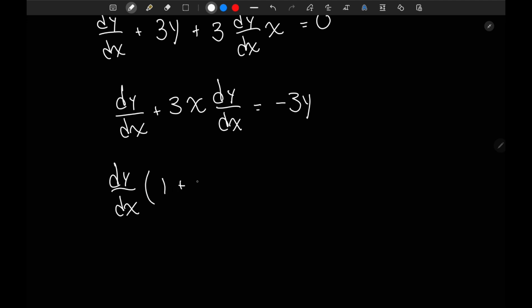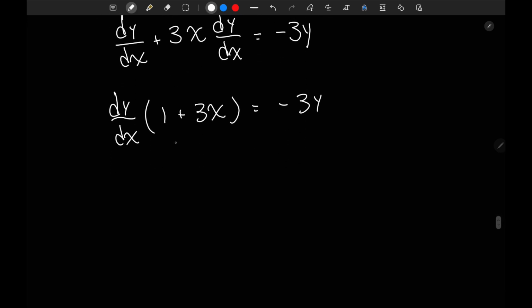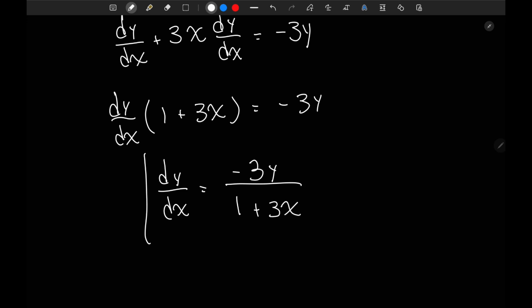So we'll have (1 plus 3x) is equal to minus 3y. Then we can take this whole bracket and move it over to the other side. So we will have dy by dx is equal to minus 3y over 1 plus 3x. This is our final expression.